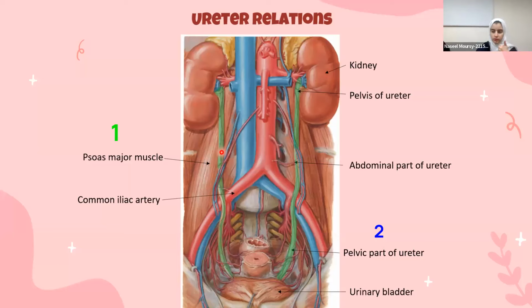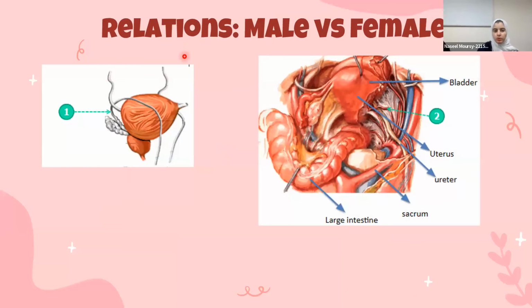This part's good. You guys are good with it? Okay, moving on. Because this is the urinary system, there are differences between the male and female relations. Here, this is the male side.